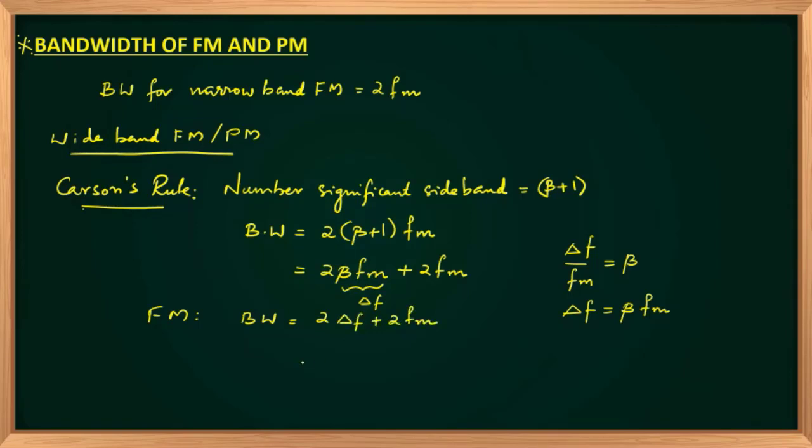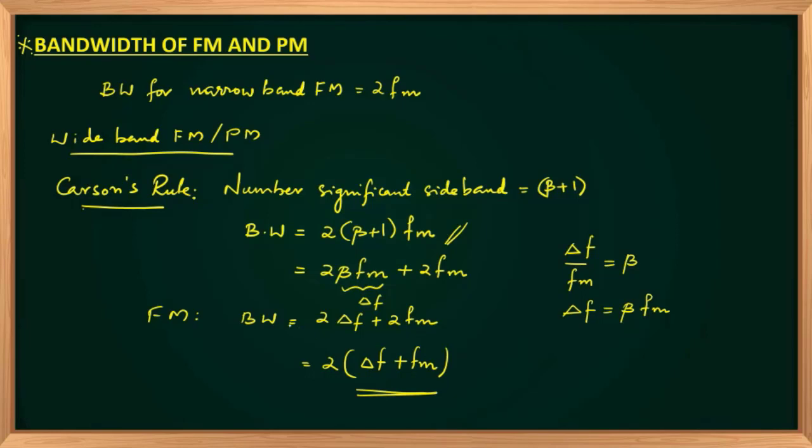Another formula is 2 into (delta F, the frequency deviation, plus the frequency of the modulating signal). This is another expression for calculating the bandwidth of FM. This formula can be applied for FM and PM.